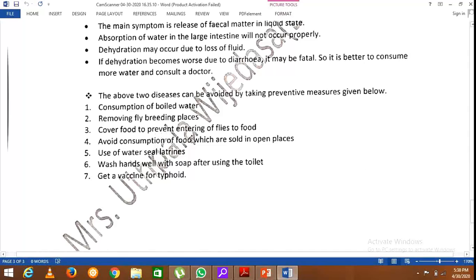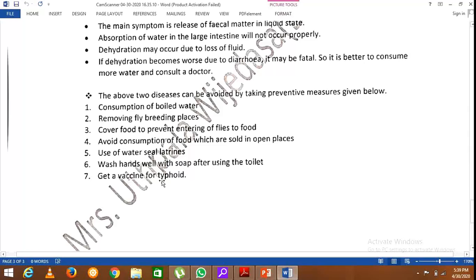Cover food to prevent flies from entering the food, avoiding consumption of food which is sold in open places. Always the food should be covered. Use of water seal latrines and wash hands well with soap after using the toilet.